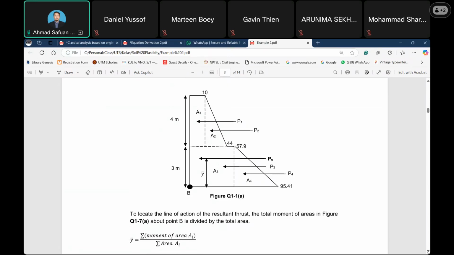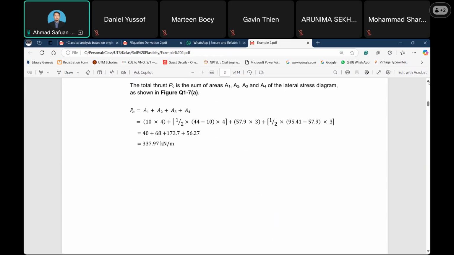So we have 10 at the initial pressure, followed by 44 and 57.9 at 4 meter, and the last one is 95.41.